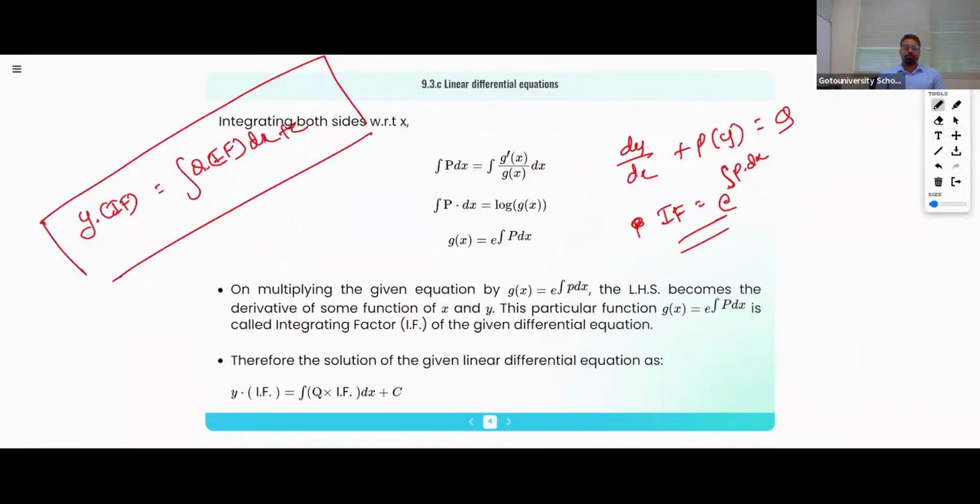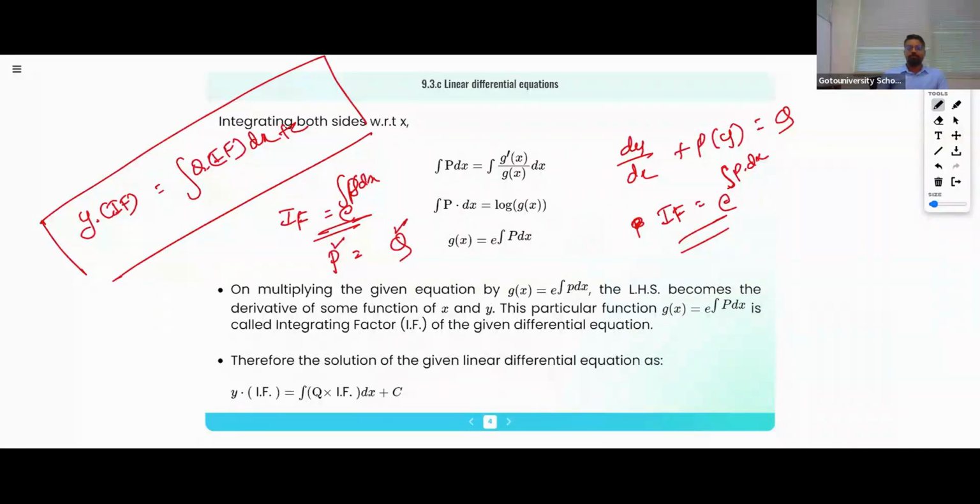Please remember how to find the integrating factor. The integrating factor is e power integral of p dx. So we have to be very careful to understand what is p and what is q. P and q are either arbitrary constants or variables which are independent of y in the given differential equation, either in terms of x, z, whatever.